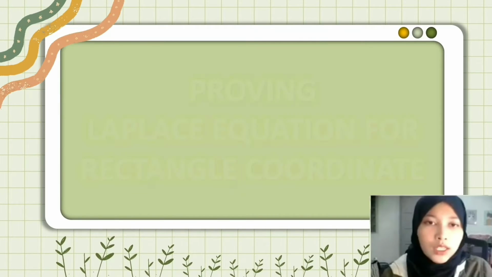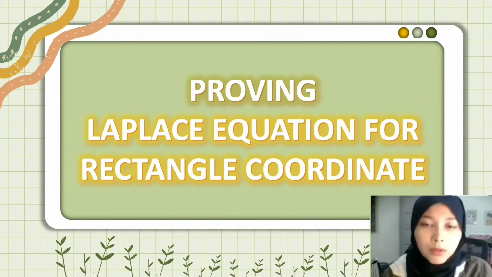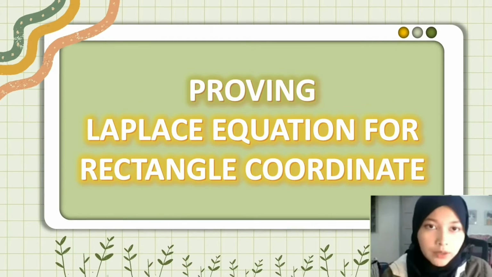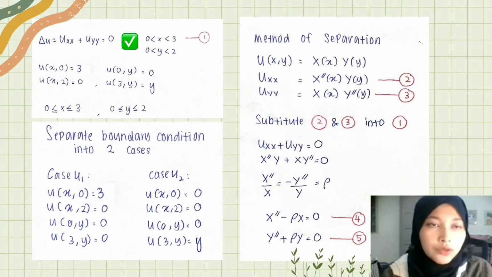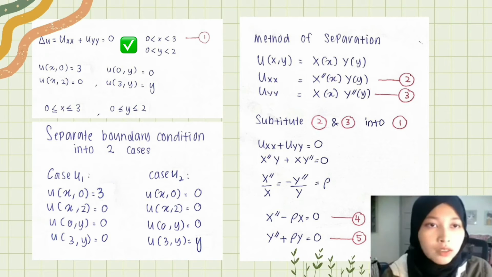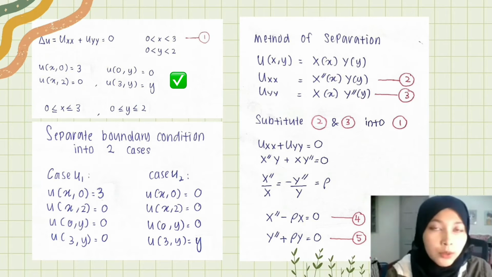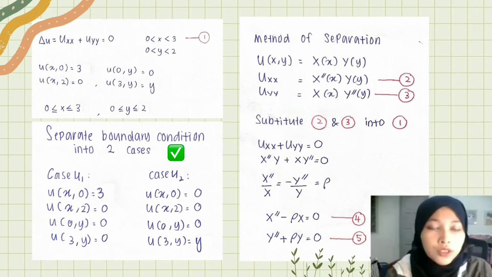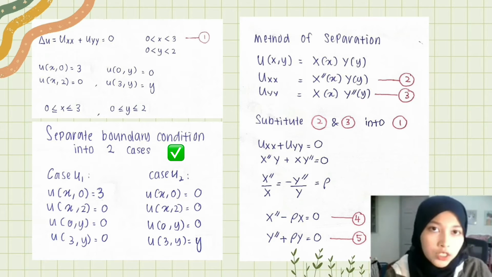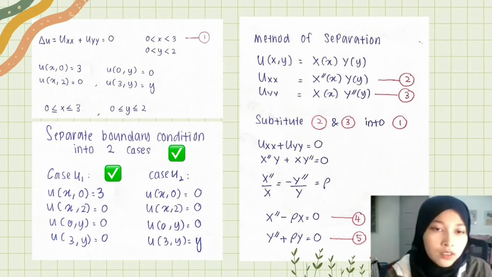Okay, now let me explain how to prove a Laplace equation in rectangle coordinate. The equation given, the general equation, is uxx plus uyy equal to 0. The boundary for x is 0 to 3 and the boundary for y is 0 to 2. First, we must split the boundary condition into two cases, case u1 and case u2.